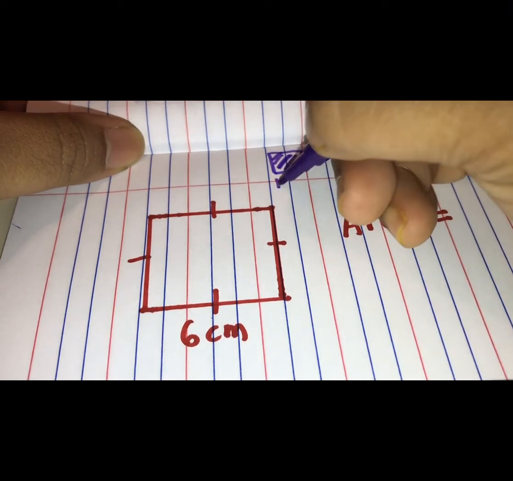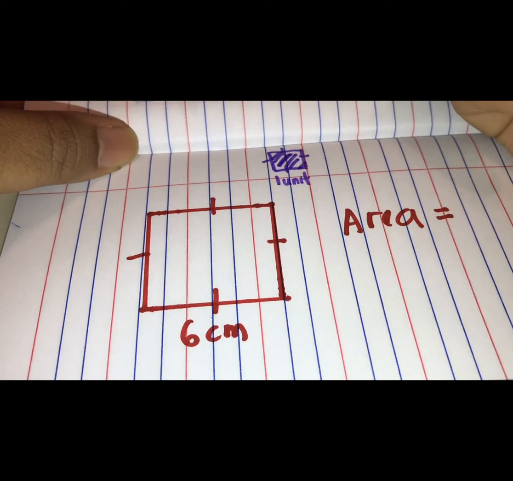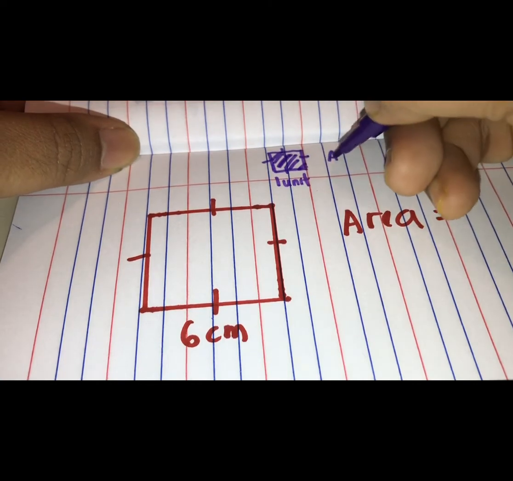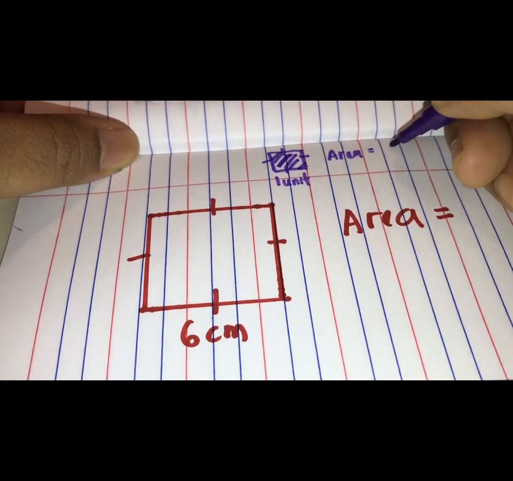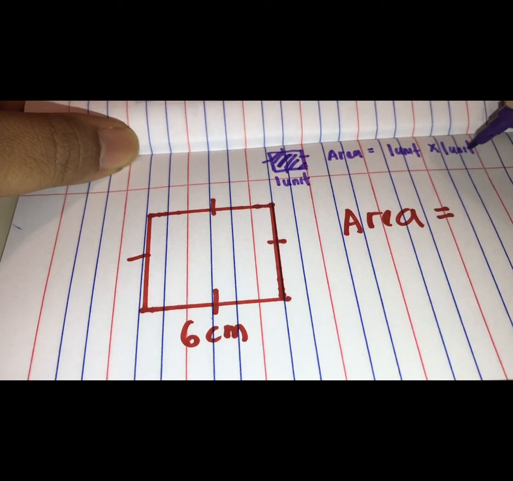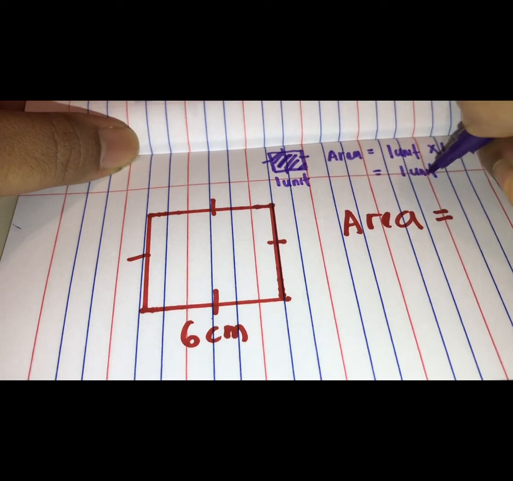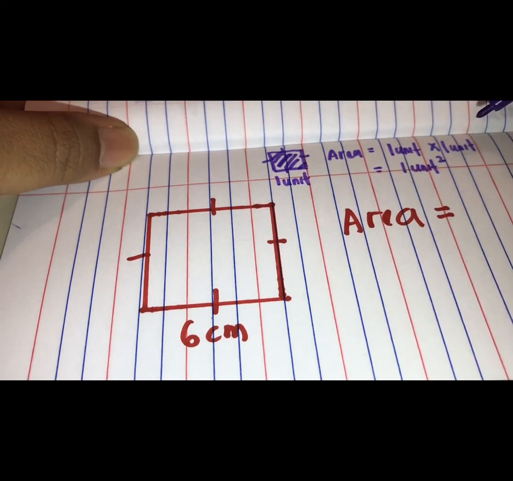The length of each side is 1 unit. Because it is a square, the area equals 1 unit times 1 unit, so the unit becomes 1 square unit. You must put square because it is area.